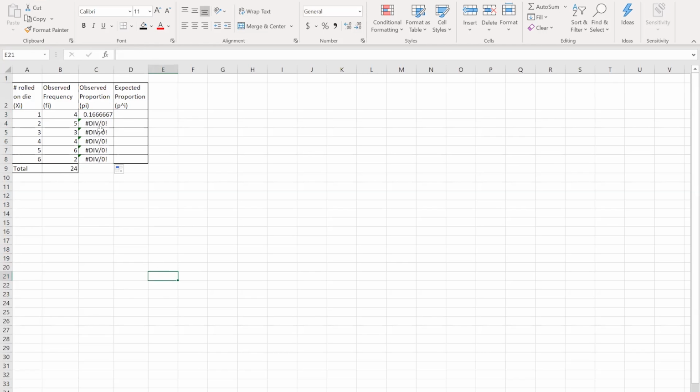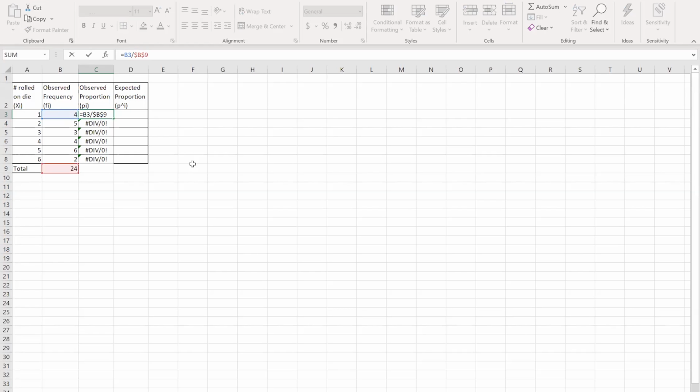But wait, it doesn't really work. So why isn't this working? Again, this is moving in a spatial way. So it's trying to now divide this number by the number below, 24. It moved each cell down by 1. We don't want that to happen. So to prevent that, before we drag down, we can anchor this cell with the dollar signs.